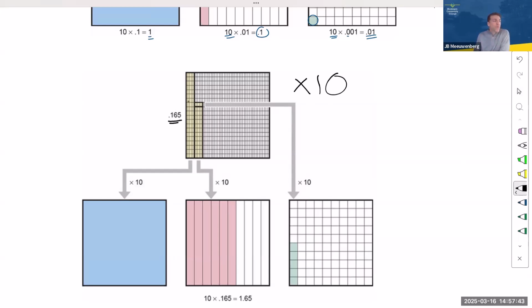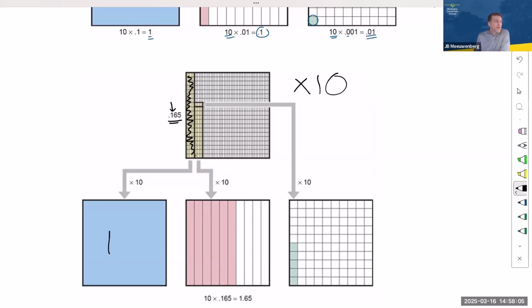If we just look at the 0.1, the 1/10, that's this column here on the left. So here is our 1/10. If we multiply that by 10, it turns into one full square, the number 1. Then we go to the 6, which is in the hundredths place.